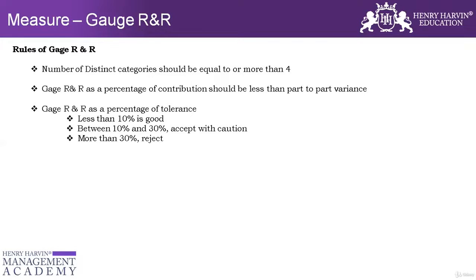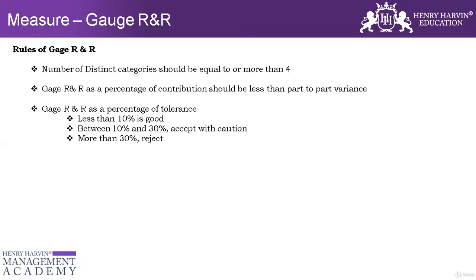Just to tell you the rules for gauge RNR, when do we call the gauge RNR good to go or not? The first condition says the number of distinct categories should be equal to or more than 4. What is the meaning of distinct category?